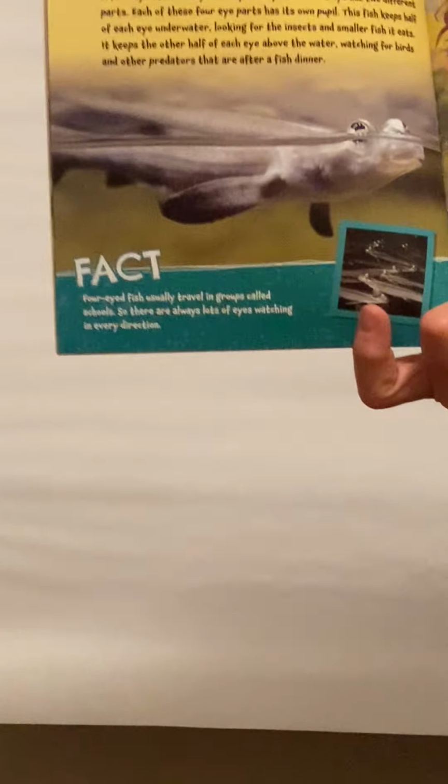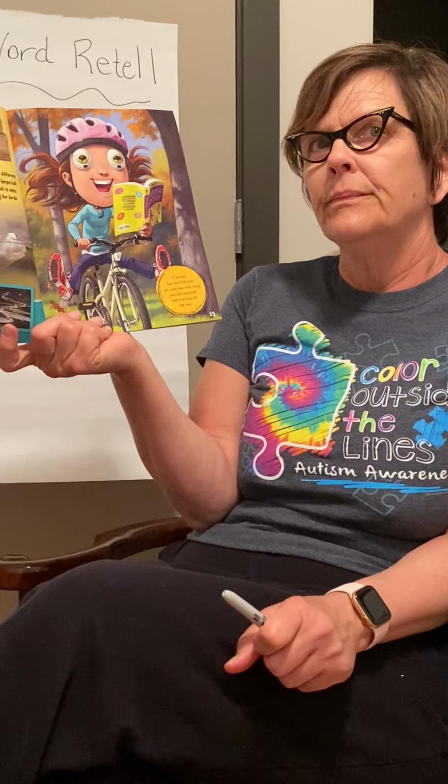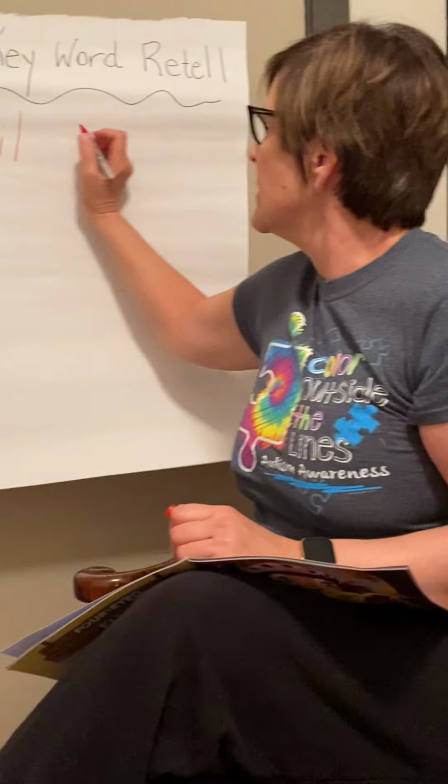So let me read it again. Four-eyed fish usually travel in groups called schools. So there's always lots of eyes watching in every direction. So what's a word that we could put up here, a keyword, that would help us retell that and we could remember? What would you tell a partner? That's right, schools. Our other one.